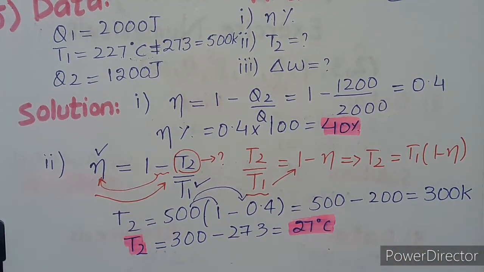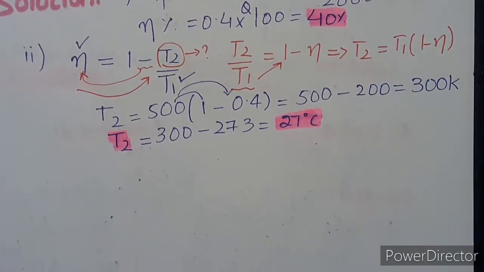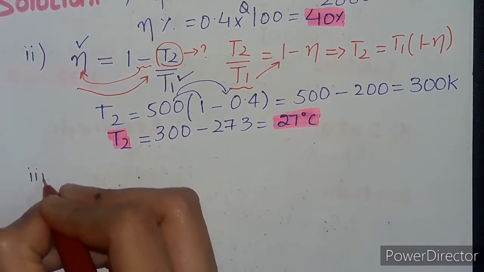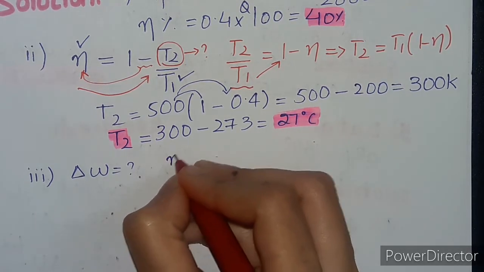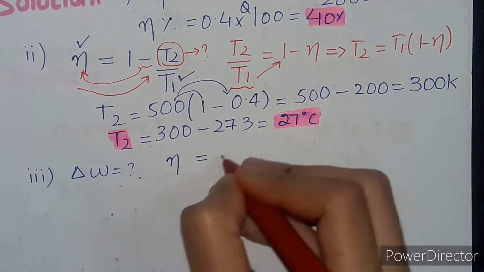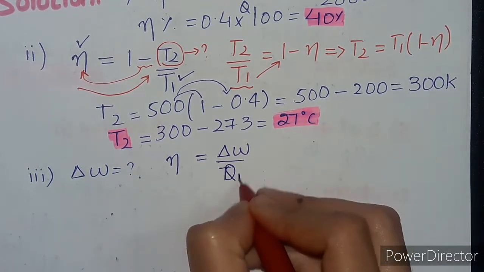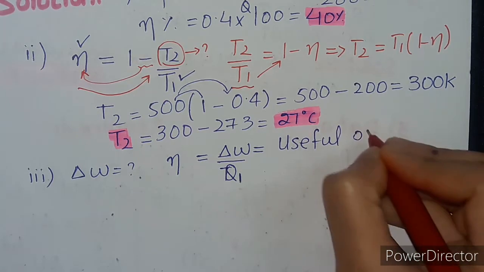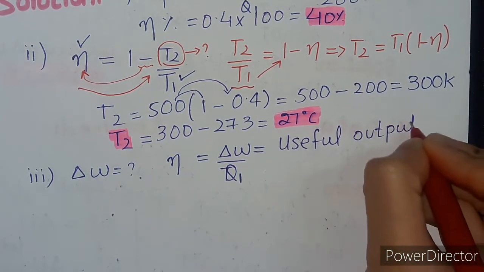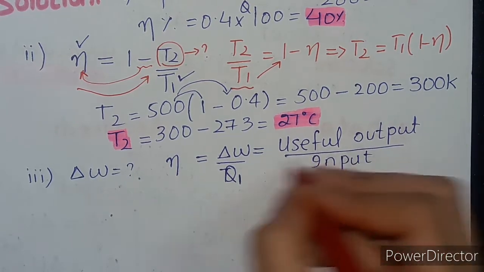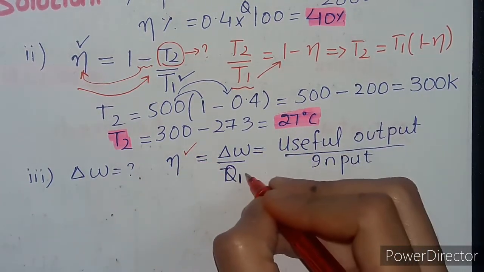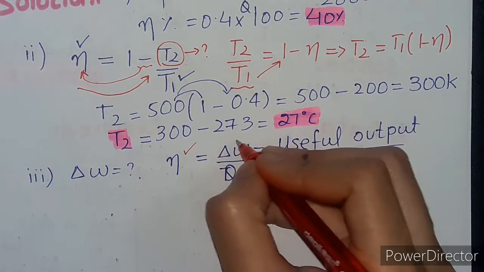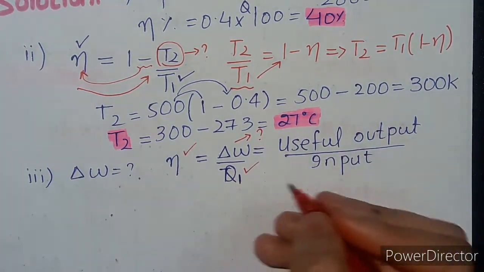Now in the third part we have to find the work done. We can find it by the formula eta is equal to work done divided by Q1, output divided by input, as efficiency. We have all the values: we have eta, and Q1 is given in the question. We just have to find del W by rearranging this equation.